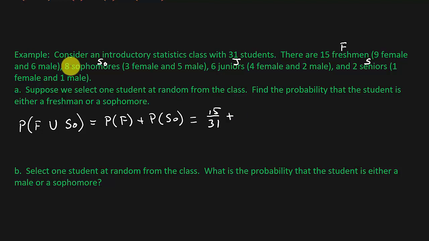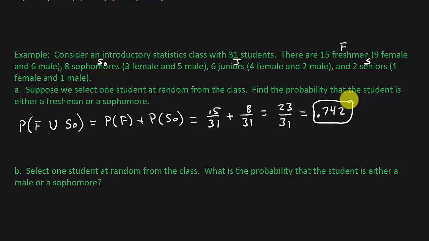Well, there's 8 sophomores and there's 31 students total. And so this is equal to 23 over 31, which is 0.742 is our probability.